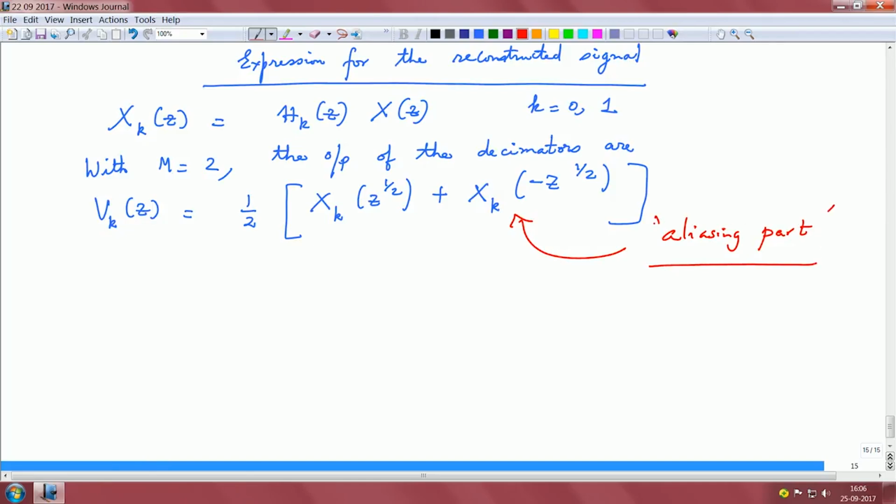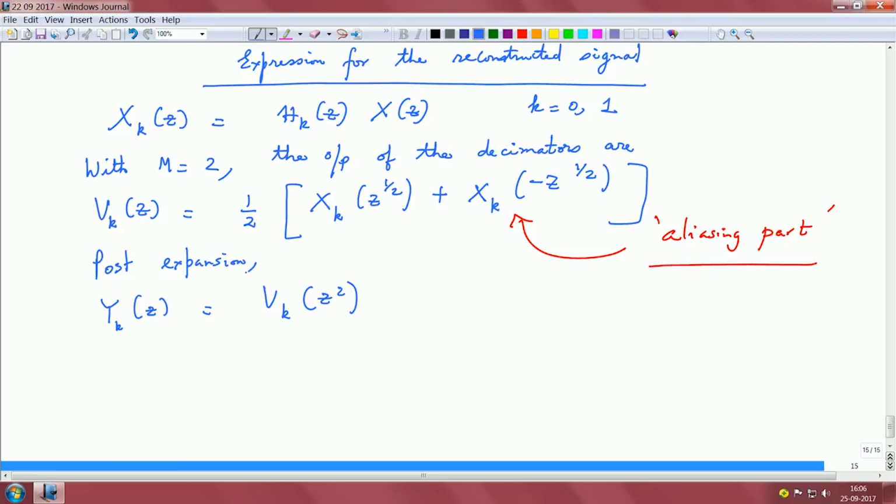All I did here was write down the equation after the output of the downsampler, and the minus 1 you see is because omega 2 power k, right, k equals 0 and 1. When k equals 1 you have that minus 1 factor. Now yk of z is vk of z square, which is post expansion.